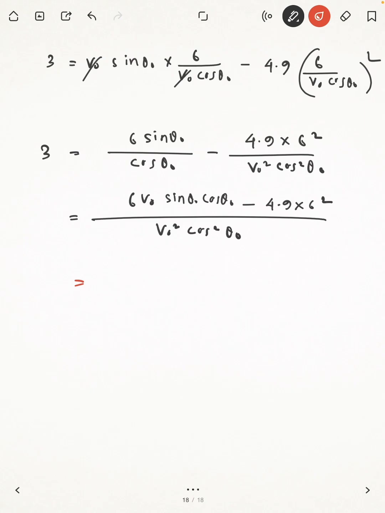I can write the 6 as 3 into 2. So you see 2 sine theta naught cos theta naught, that should be 3 v naught sine 2 theta naught minus 4.9 times 6 square.